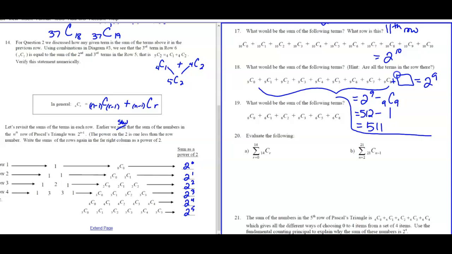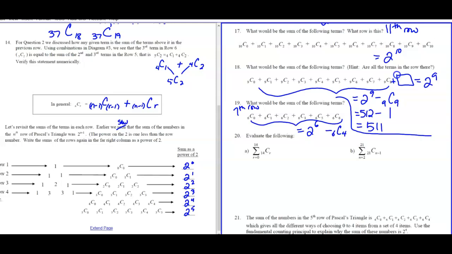Some of these terms. So 6, so it's the 7th row. See how many terms? 0, 1, 2, 3. Missing 4, 5, 6. So this is going to equal 2 to the 6th, right?